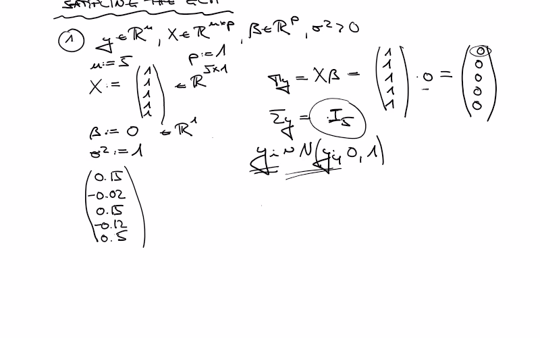What I demonstrated here is not something specifically fancy. I just showed you how you can write sampling n times, in this case 5 times, from univariate Gaussians with expectation 0 and variance 1, in terms of the GLM.